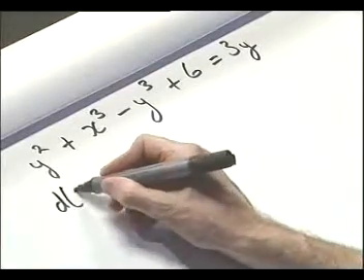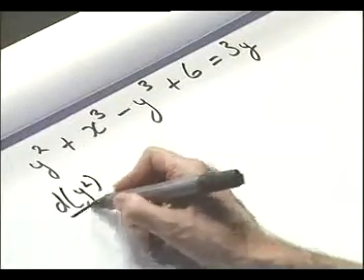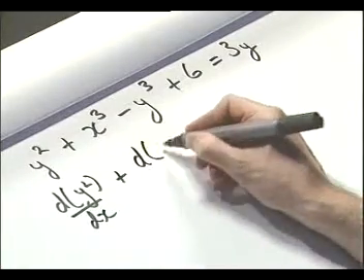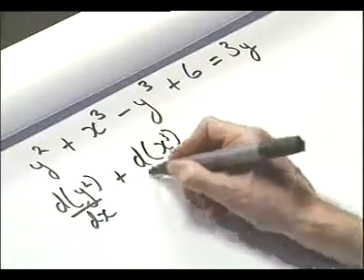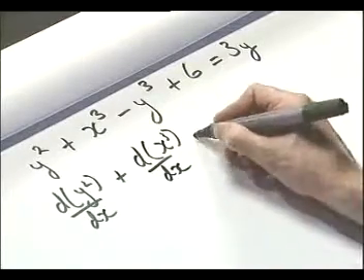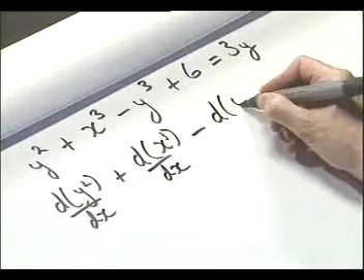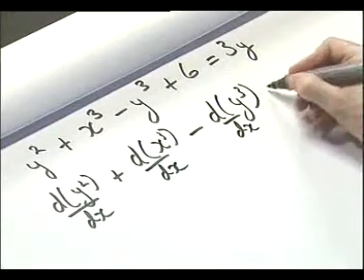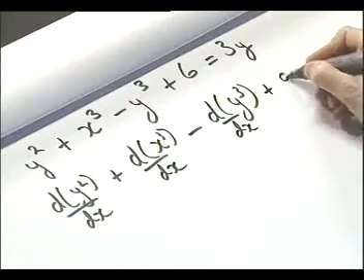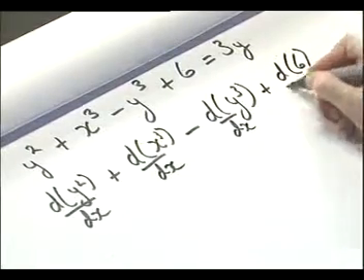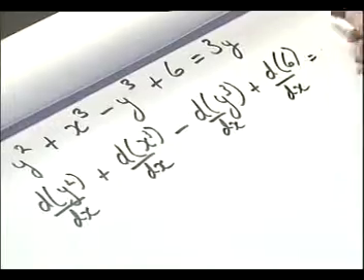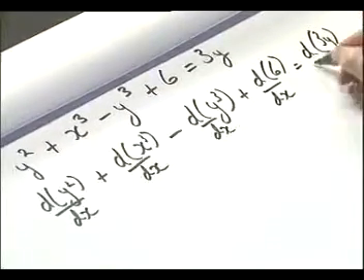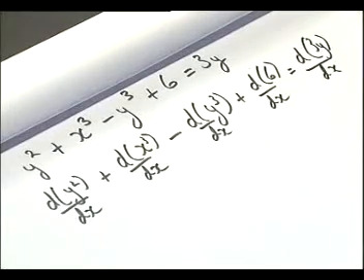So we're looking for the derivative of y squared with respect to x, the derivative of x cubed with respect to x, the derivative of y cubed with respect to x, the derivative of the 6 with respect to x, and the derivative of 3y with respect to x.